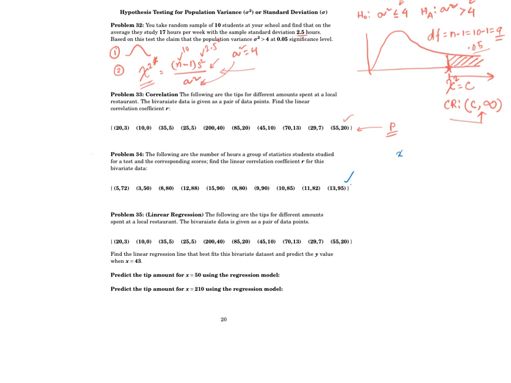One is x, the independent variable, and y is the dependent variable. So this is the predictor and this is the predicted value. Sometimes we call it the target value, but whatever they say, you need to make sure that your independent variable is put under x and your dependent variable is put under y. In this case, what is it?